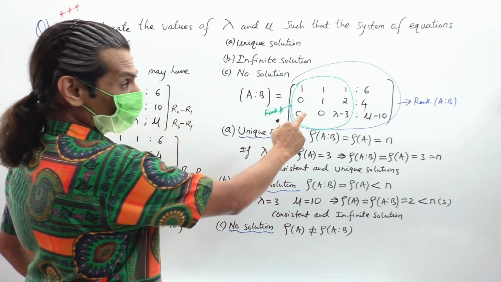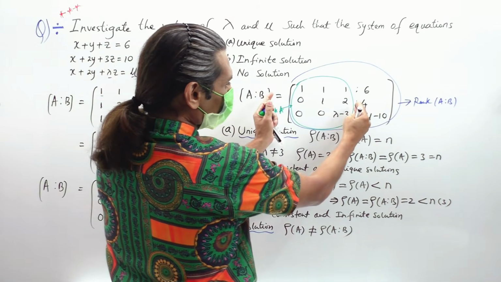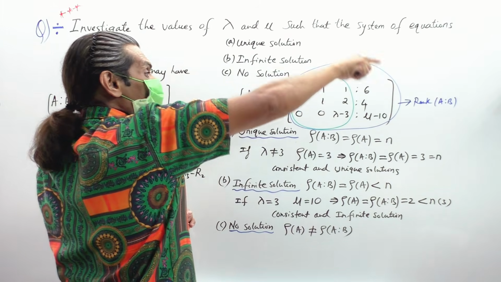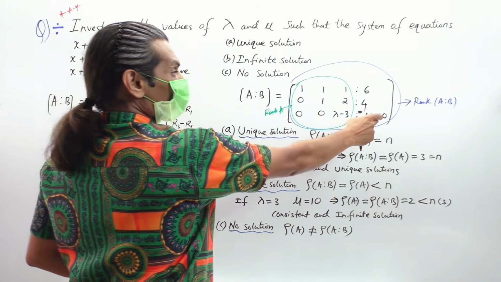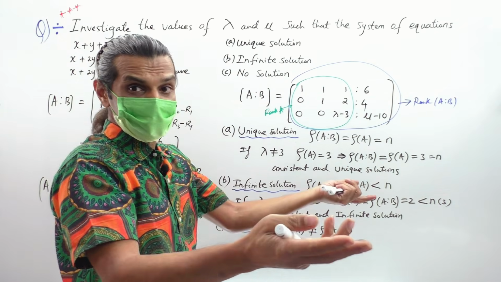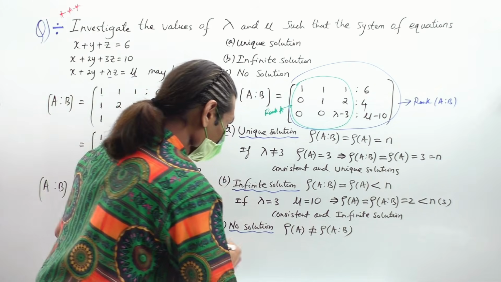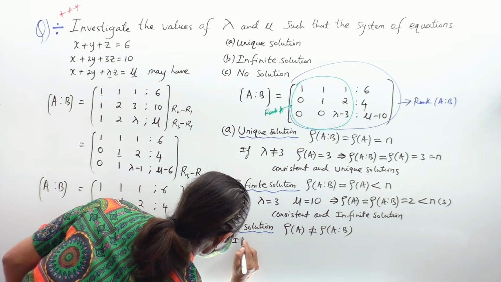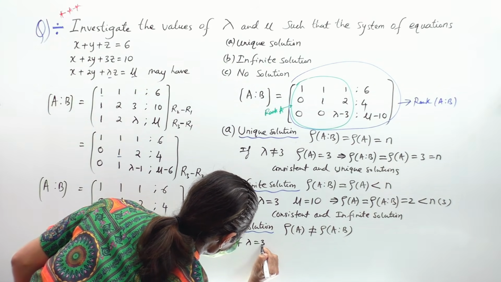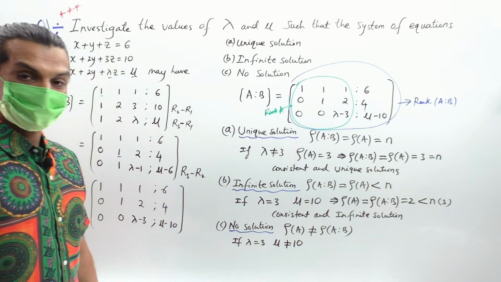Getting it? When lambda equals 3 and mu is not equal to 10. In that case, if lambda becomes 3, then see, this whole row becomes 0. The rank of this green part is 2. But mu is not equal to 10, so the full row is not 0. That is, the full rank is 3. It's possible only if lambda equals 3 and mu is not equal to 10.